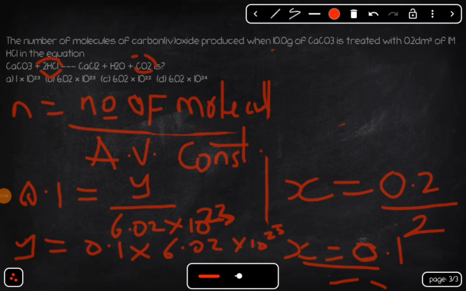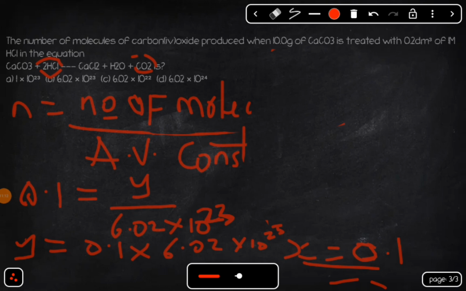With that we can see that 0.1 times 10 raised to the power 23 is going to give us 10 raised to the power 22, because 0.1 is the same thing as 10 raised to the power minus 1.